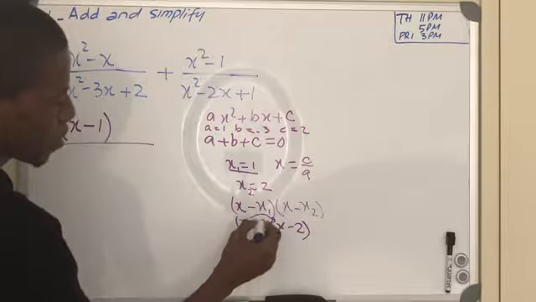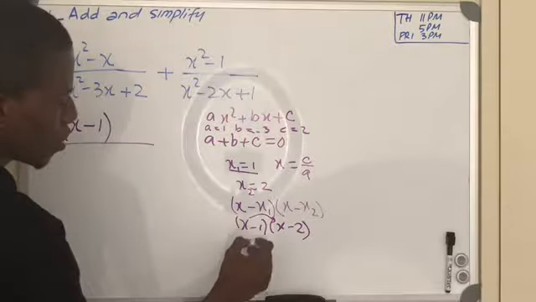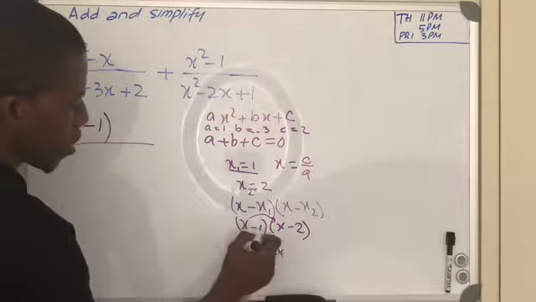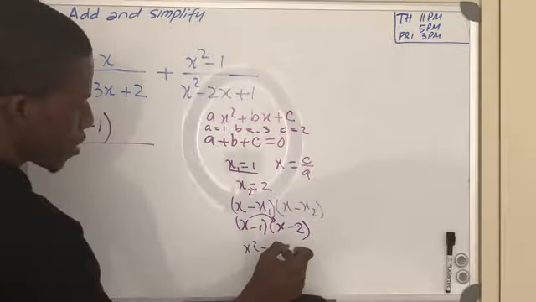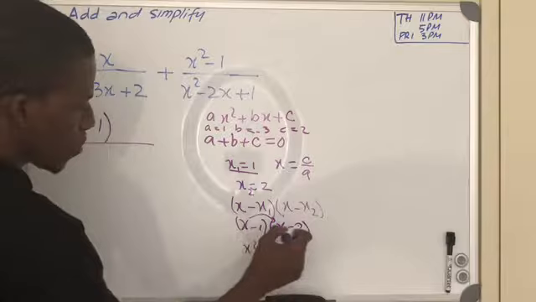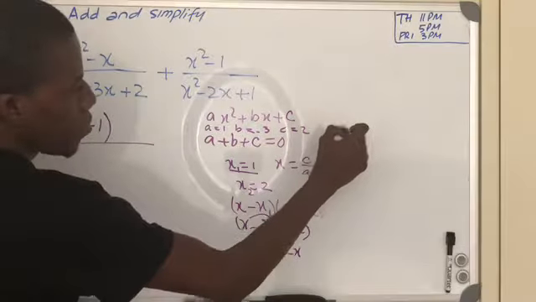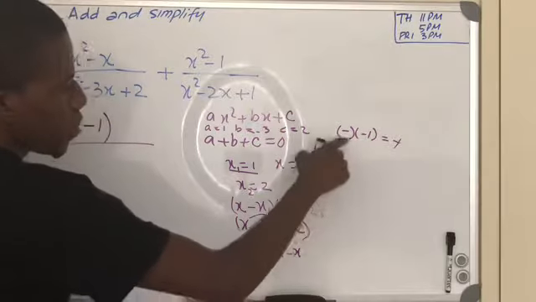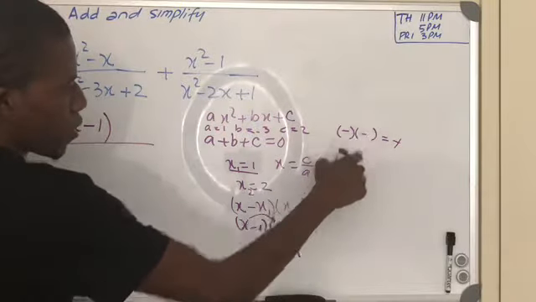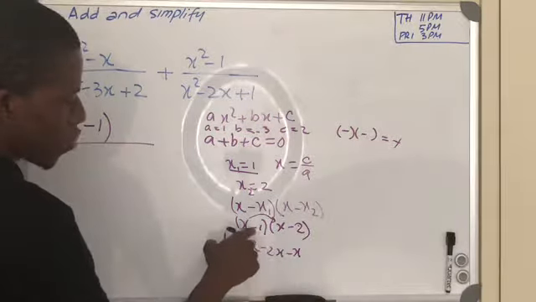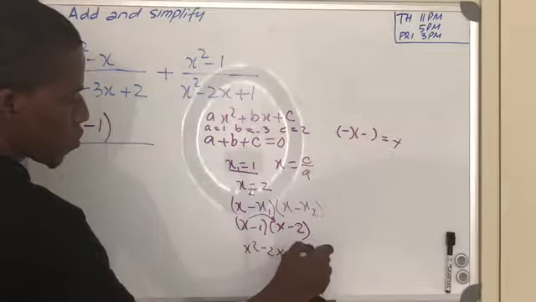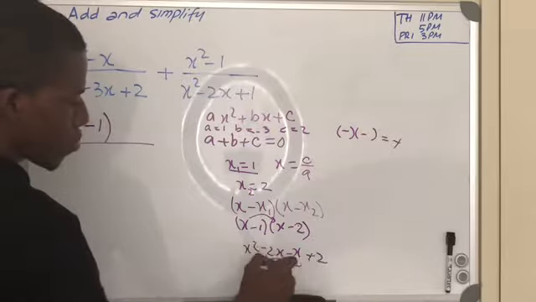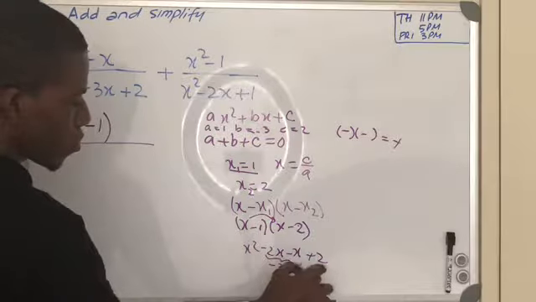X times x is x squared. X times minus 2 is minus 2x. Minus 1 times x is minus x. Minus 1 times minus 2. Remember I told you in the previous video that minus times minus is positive. So minus 1 times minus 2 is going to be plus 2. Minus 2x minus x gives you minus 3x, so we get x squared minus 3x plus 2.